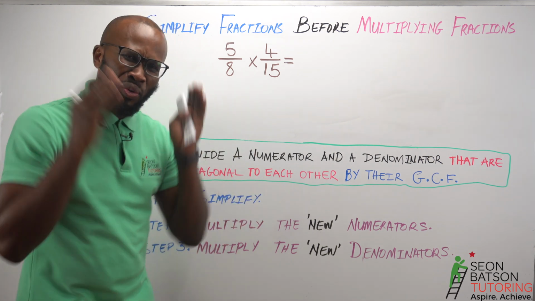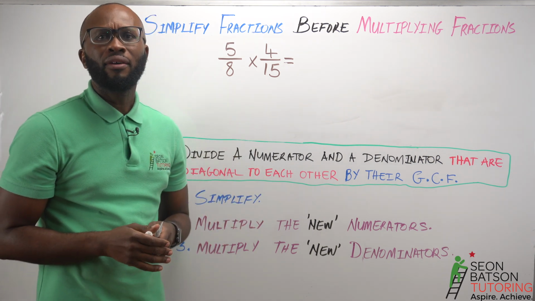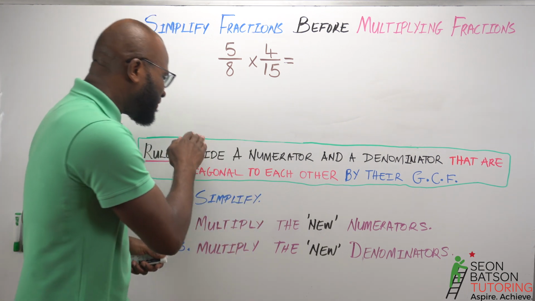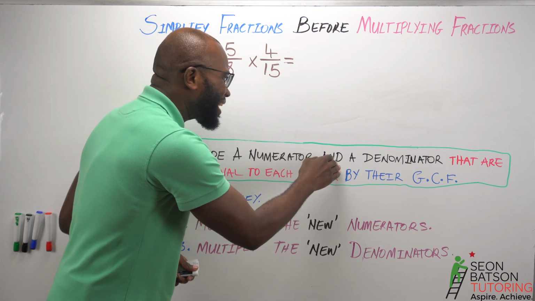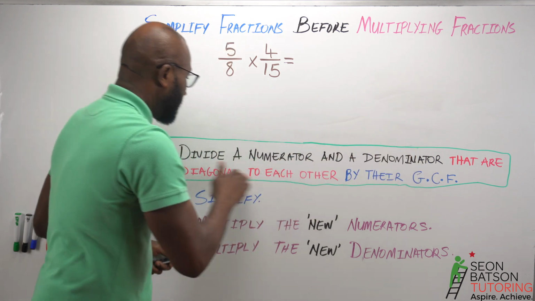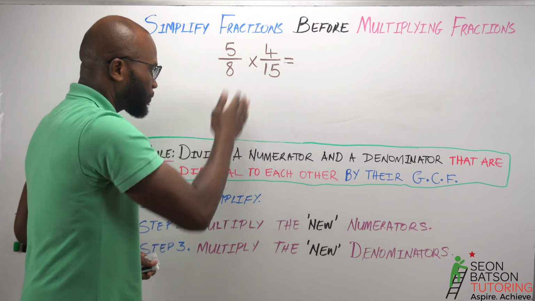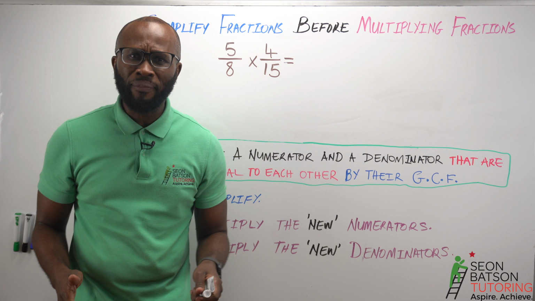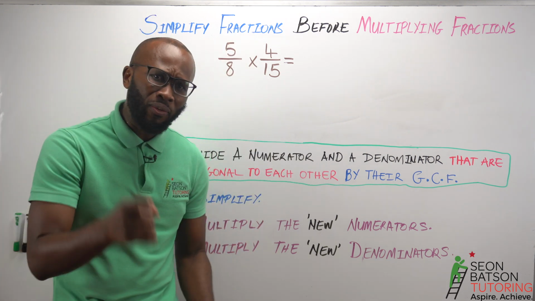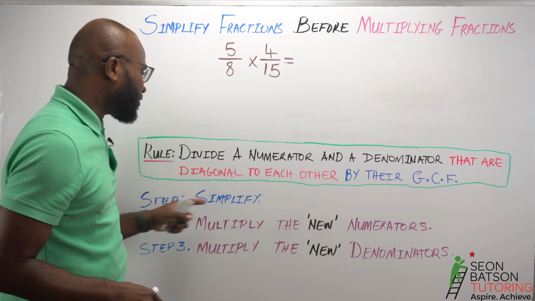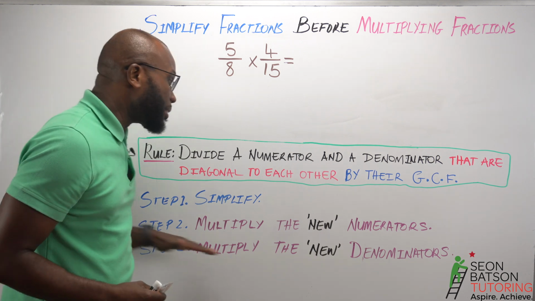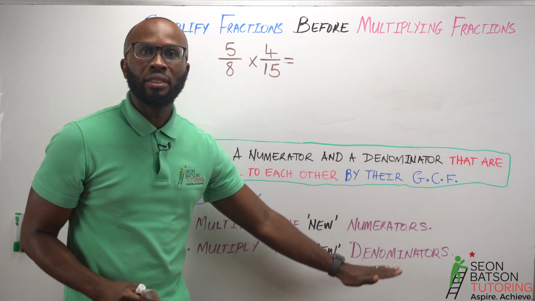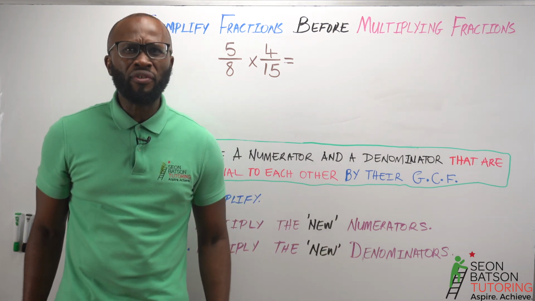That's it. Now, after simplifying the fractions, we will multiply the new numerators, then we will multiply the new denominators, and we will be done with the fractions.